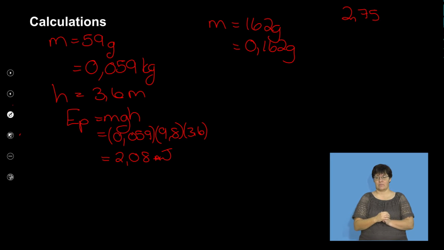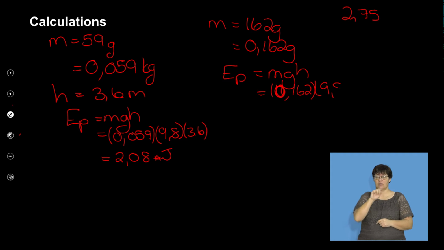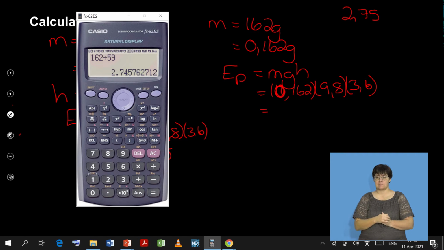Now we can go EP equals mgh: 0.162 times 9.8. The height was 3.6. Let's calculate that quickly. 162, there we go, times 9.8 times 3.6. And we get 5.72.